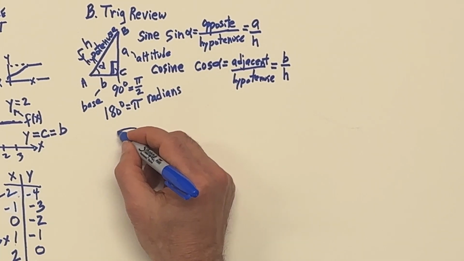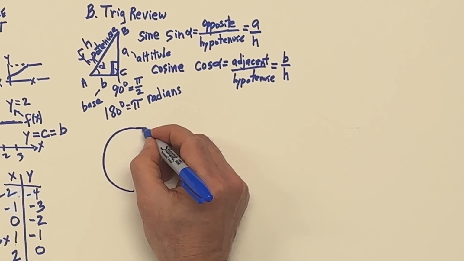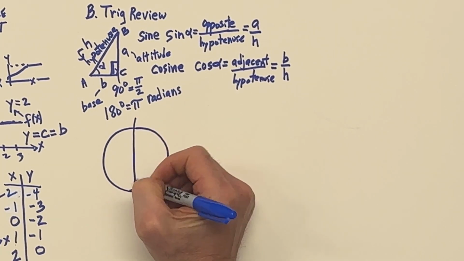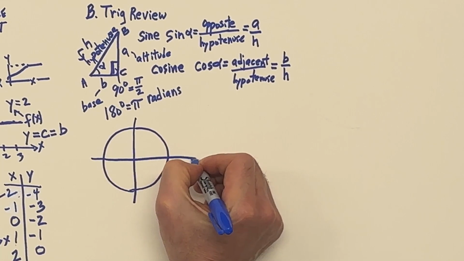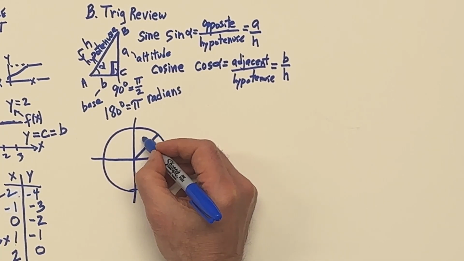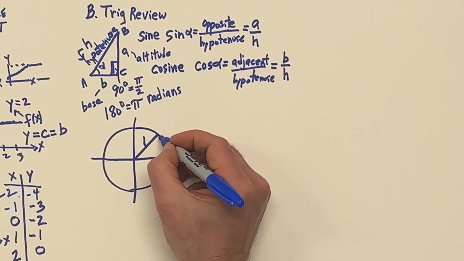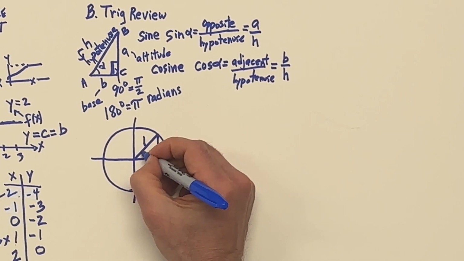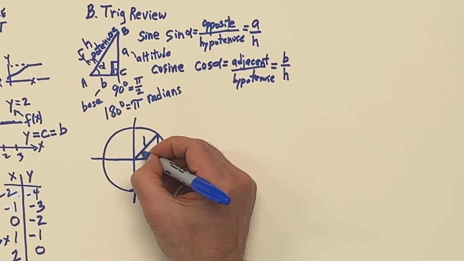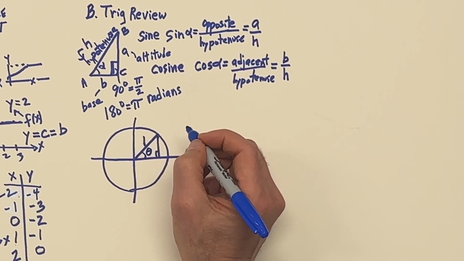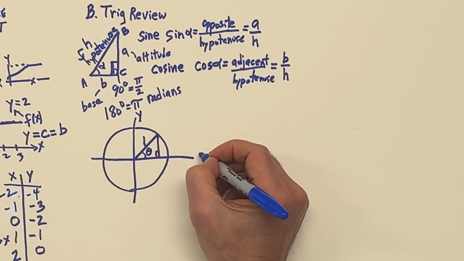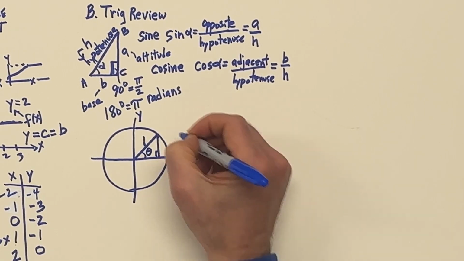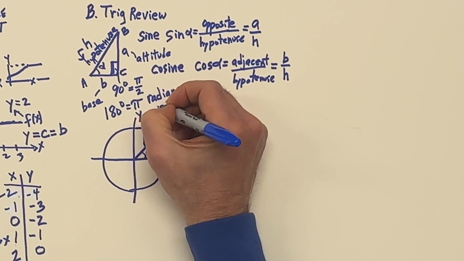Now, I mentioned the unit circle is very important in trigonometry, and that is a circle that has a radius of 1. So this would be 1 for the radius, and then if you make a right triangle in here, then if you look at this angle, which I'll call theta, this is y and this is x. I'll emphasize that's the x-axis, and this is the y-axis.